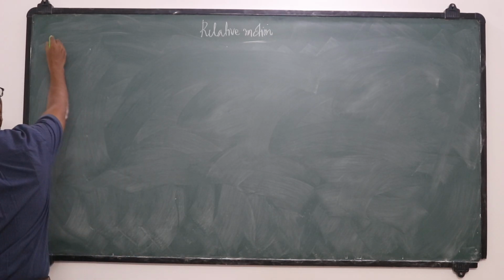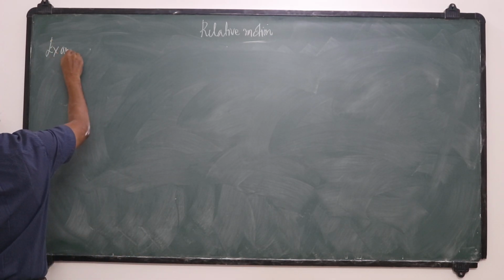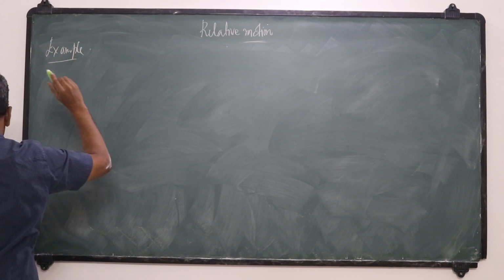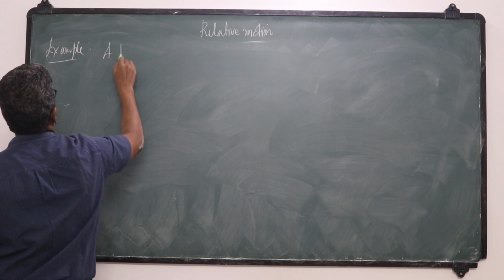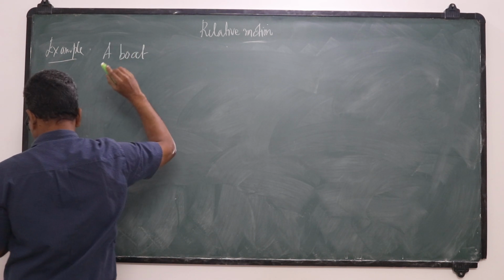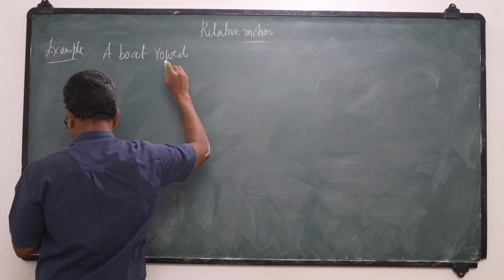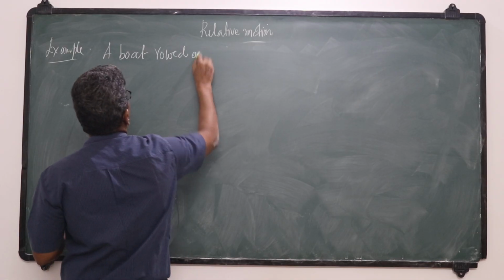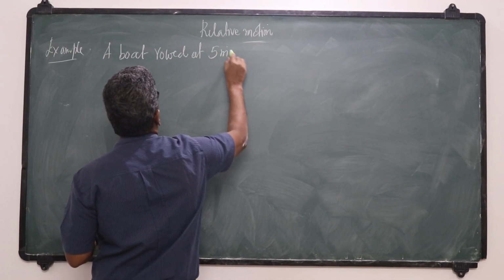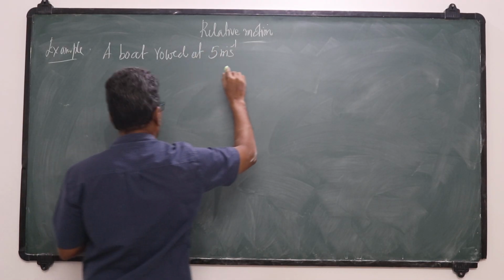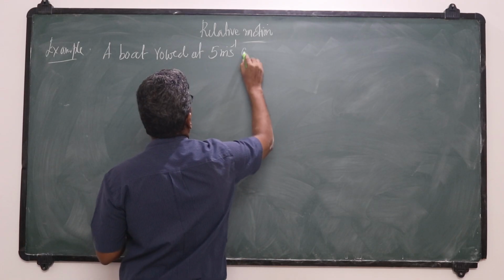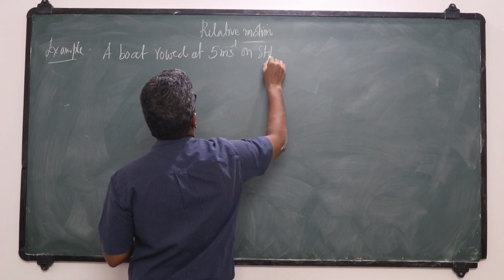You take this example. A boat is rowed at 5 meters second inverse on still water.